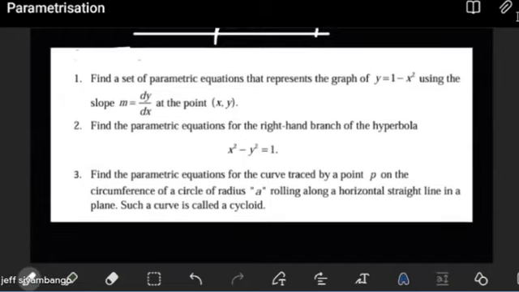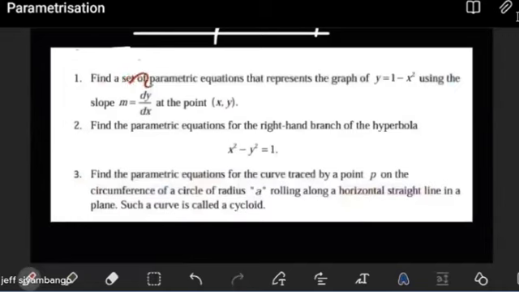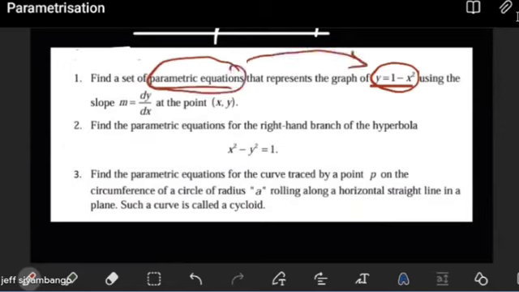So look at the first one, for example. In the first question, they're saying, find a set of parametric equations that represent the graph of y equals 1 minus x squared. So they've given us an equation that describes a curve, but they want us to find the corresponding parametric equations that describe the same thing.